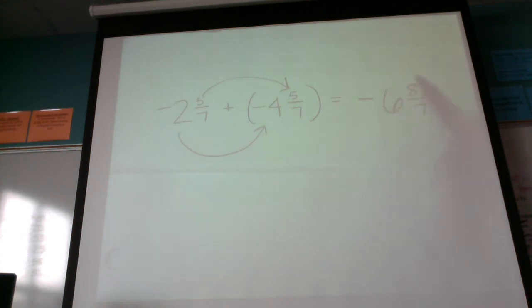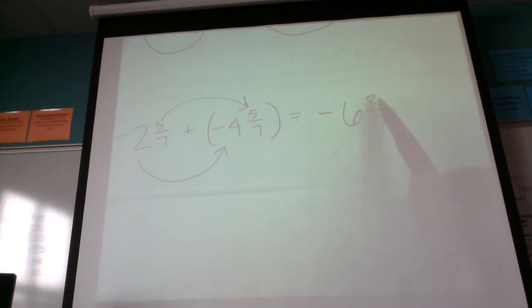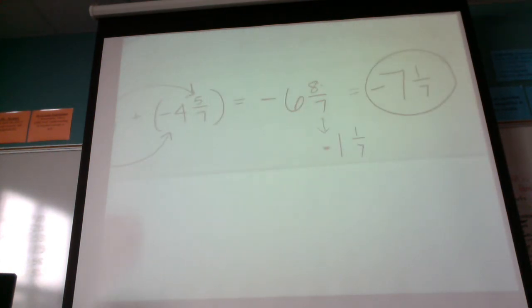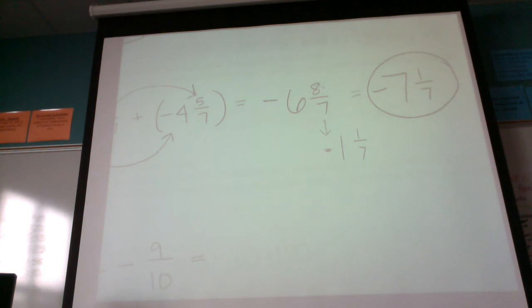Now here you see what I was just talking about, where you have that improper fraction. You need to simplify 8/7 to be 1 1/7, and it's really a negative because that whole thing's negative. So now I need to combine that, so it's going to be negative 7 1/7. So just don't lose track of all those numbers along the way. If you want to popcorn it right off the bat, that's fine as well.